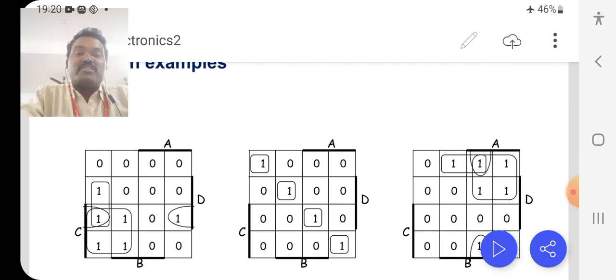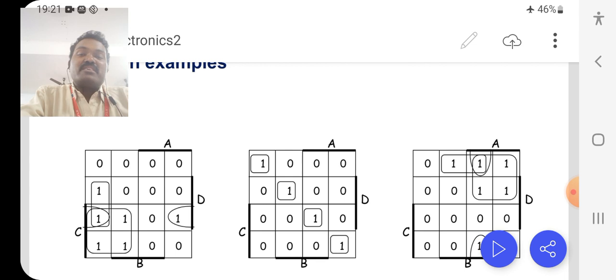Then going to the next priority, pair, 2 ones. Where are 2 ones present? In the second row and third row, column-wise, 2 continuous ones are present. That is one pair. This pair I am making group 2. Then the third group I am making in the third row.